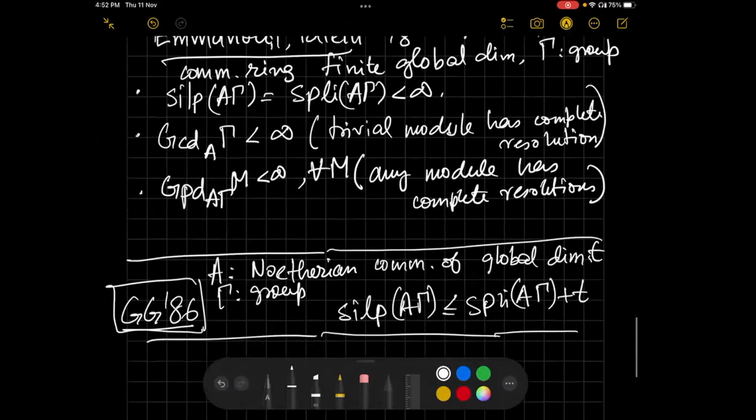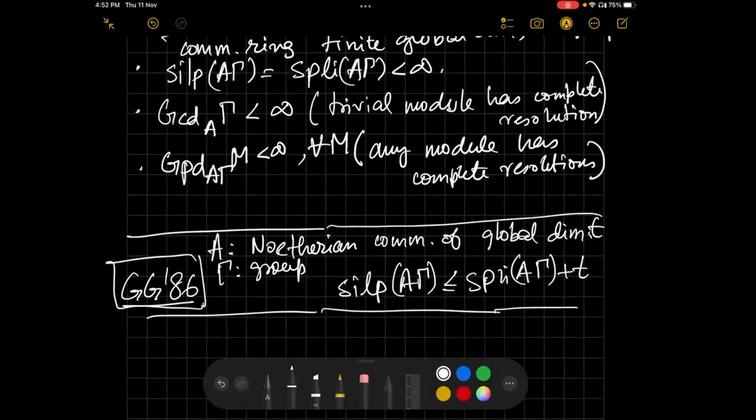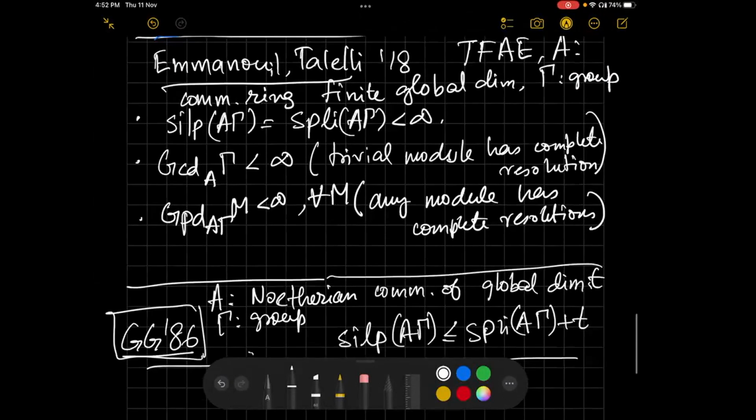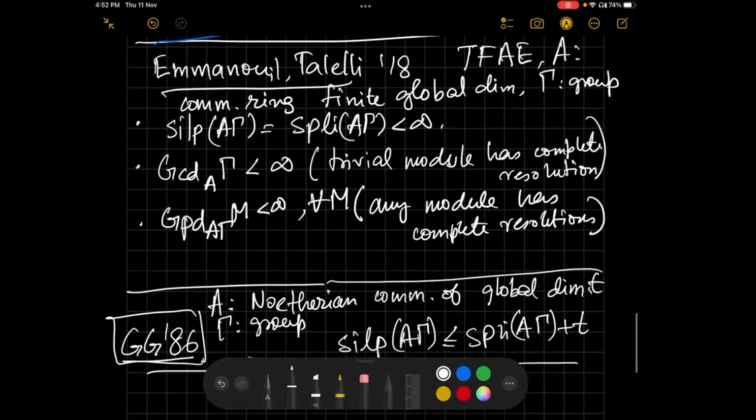But again, note that we have still not proved this GG result; we have still not been able to drop the Noetherian condition from this GG result. And the reason I'm saying all these things is because I want to talk about why these invariants are actually useful.